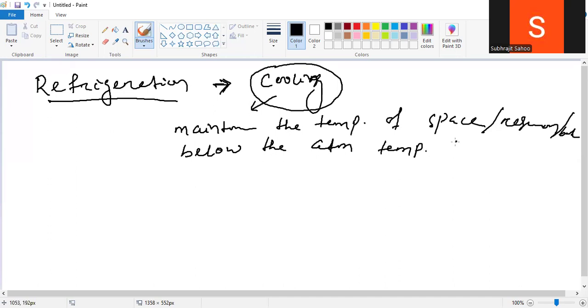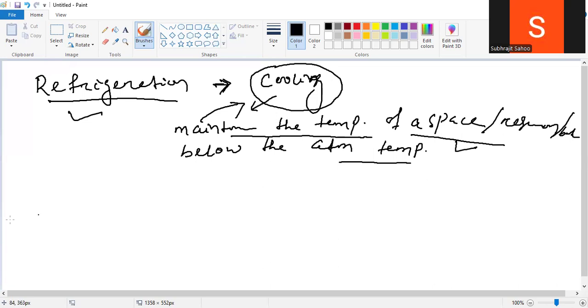Like this, you need to give the definition. Maintaining the temperature of a space or a region or body below the atmospheric temperature is nothing but the cooling effect. This is the meaning of refrigeration, right?